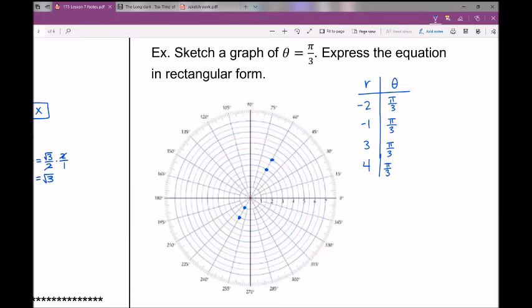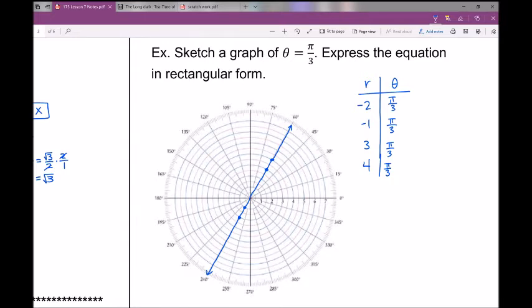So if you notice, these lines are making a straight line with a slope that is at the angle of pi over 3. But we can't say that pi over 3 is a slope because pi over 3 is an angle. So we need to figure out what that translates to in the rectangular coordinate system.